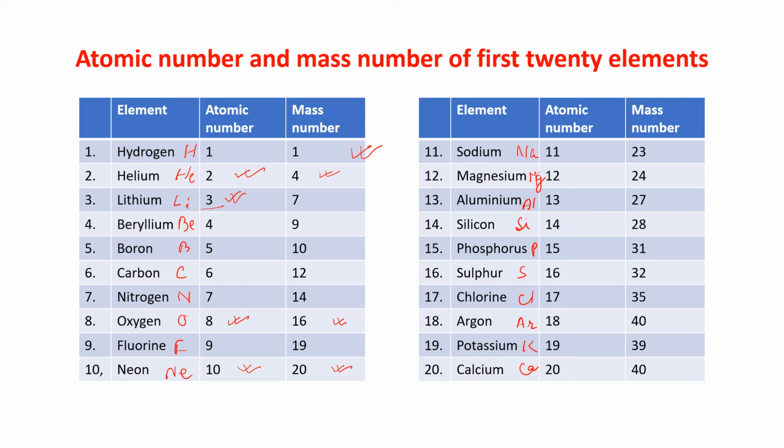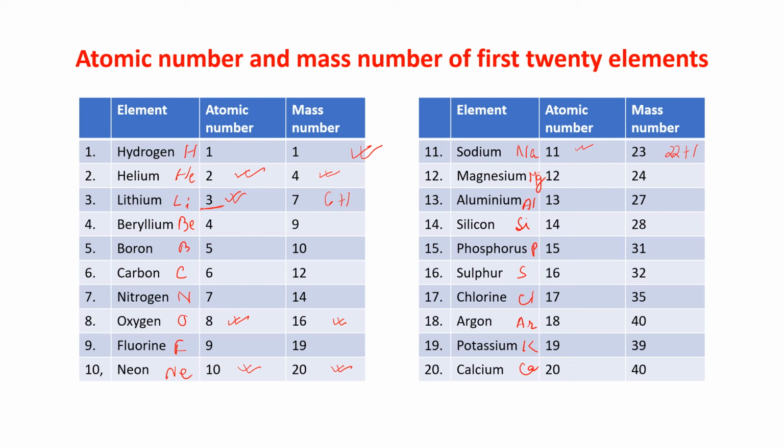It's an odd number. 3 2s are 6 plus 1. That means 6 plus 1, that is 7. See, sodium is 11, odd number, so just double it. 22 plus 1, 23. Okay, in this way you can remember it.